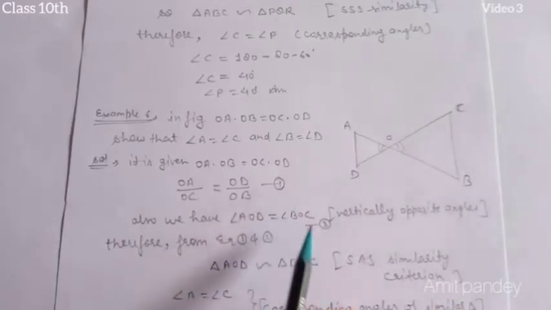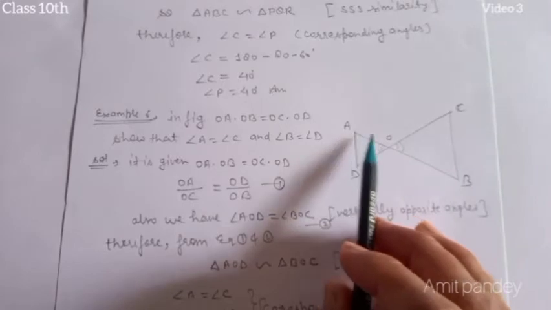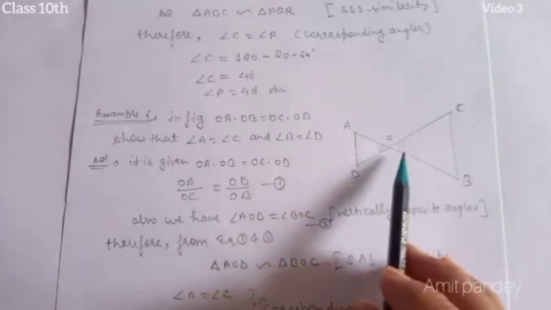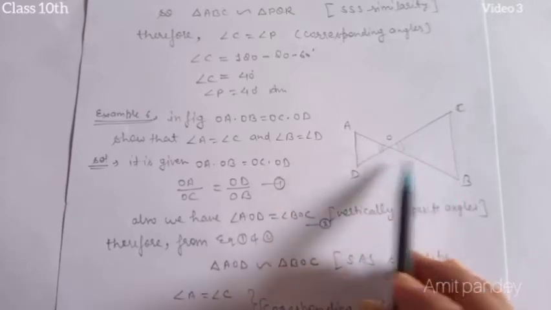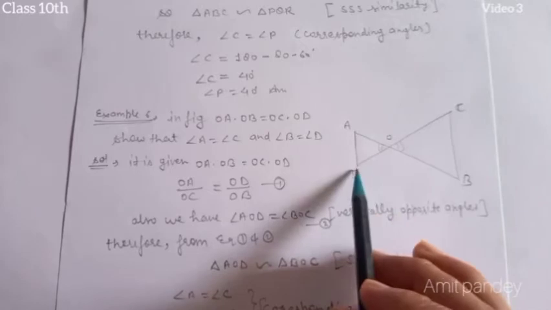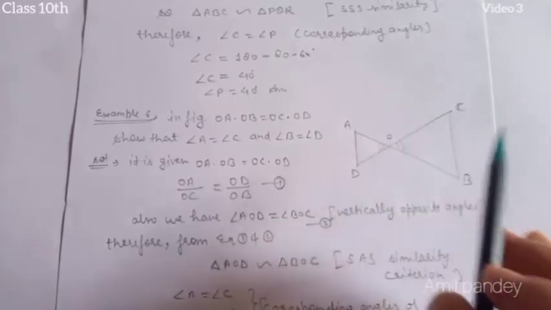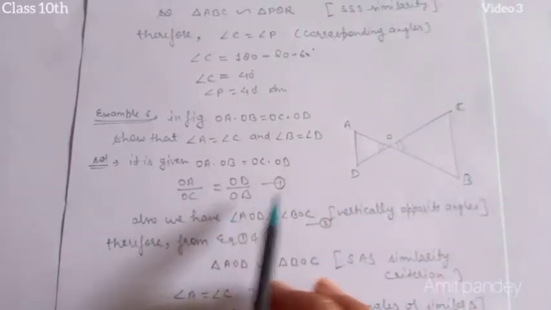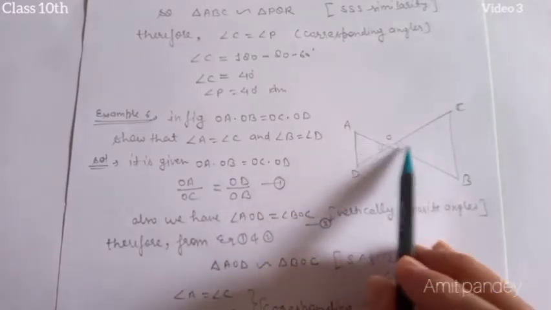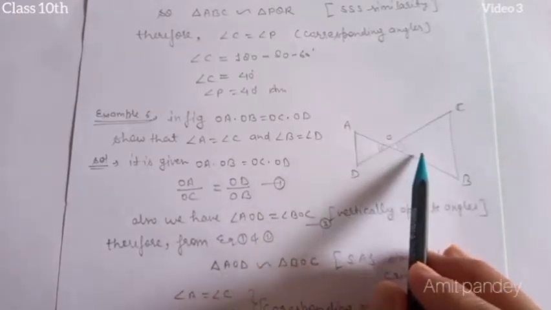So from 1 and 2 we obtain the ratio of AO and OC, OD and OB are equal, as well as this angle in triangle AOD and triangle BOC. We have the ratio of two sides equal, and one more thing, we find that this angle is equal in both due to vertically opposite angles.